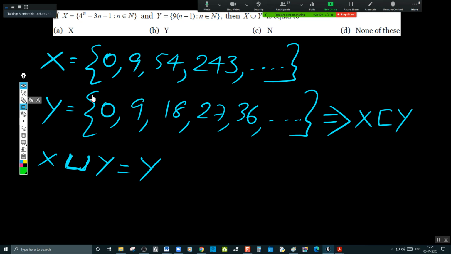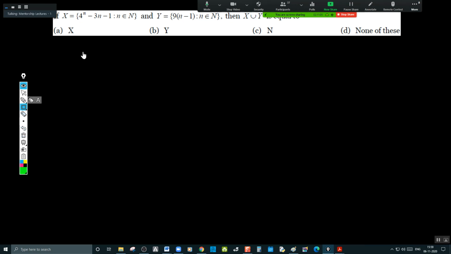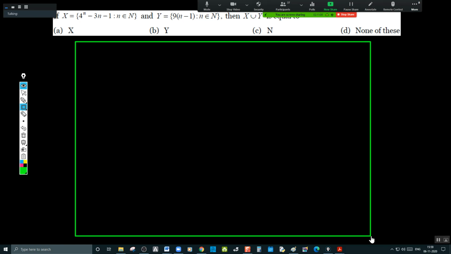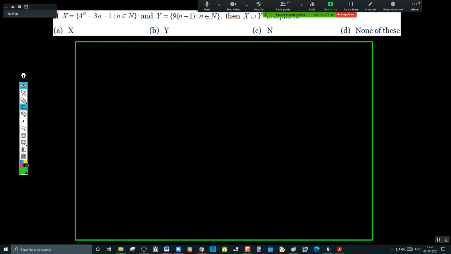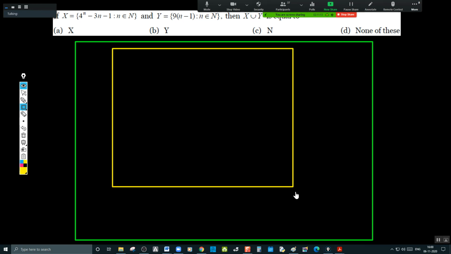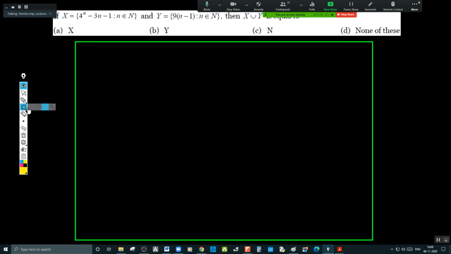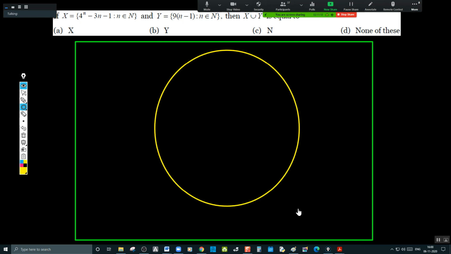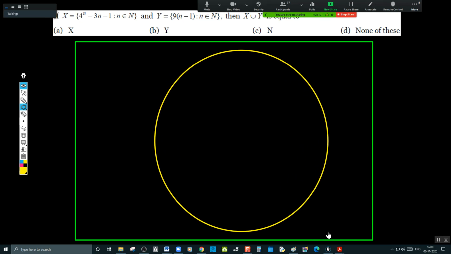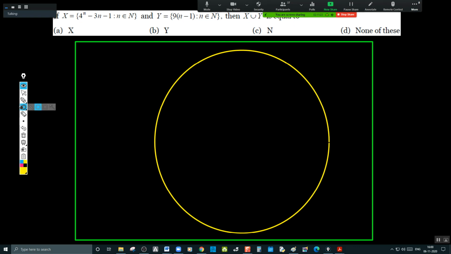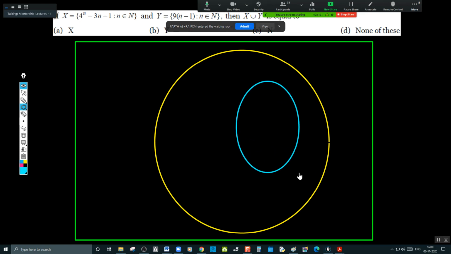Okay. You understand this? I'm erasing this. I'm taking the bigger diagram. So what I'm doing, I'm just drawing a circle which is lying inside this.